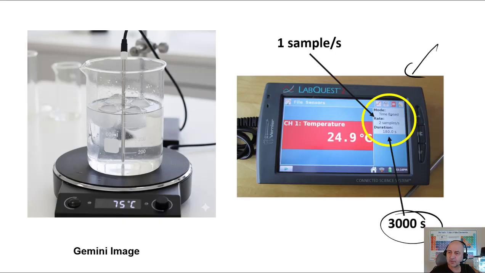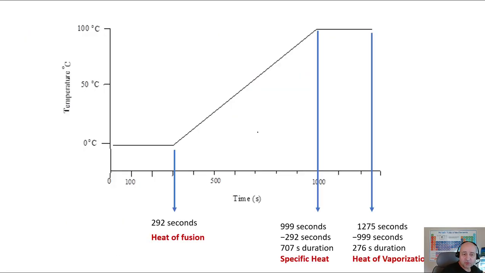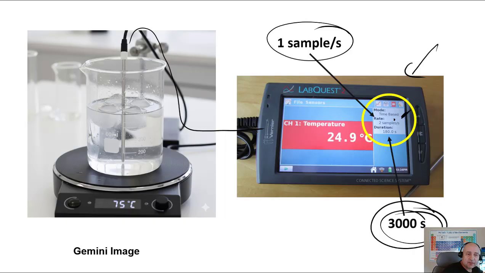And so you'll tap on this. You'll change the sample rate and the time. It also has to be time-based. This is in the instructions, but see this thermometer is connected. And so you start out with just water, but we want this water to be at the freezing temperature, so as cold as possible, because we want to dump ice in there.